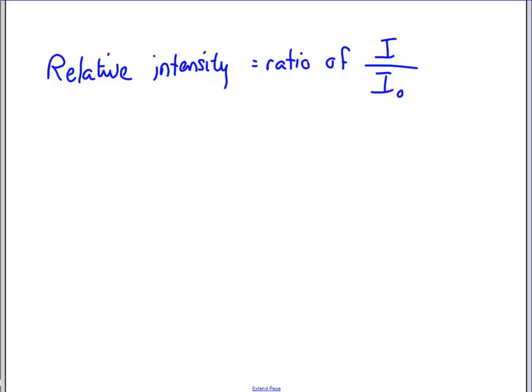It still doesn't help us. So Alexander Bell came along and came up with a log scale of relative intensity, and the equation that we use to find it is the decibel equation.